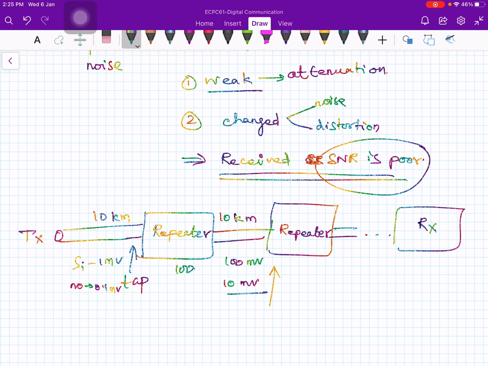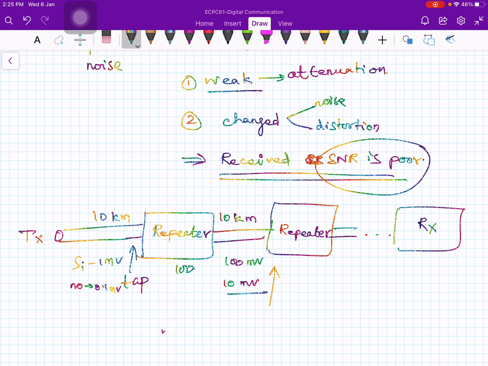So it is not going to help you to decode the information correctly very well. So what you have to do is, while you are doing the re-amplification, try to remove the noise part as much as possible. Fortunately that is possible in digital communication.